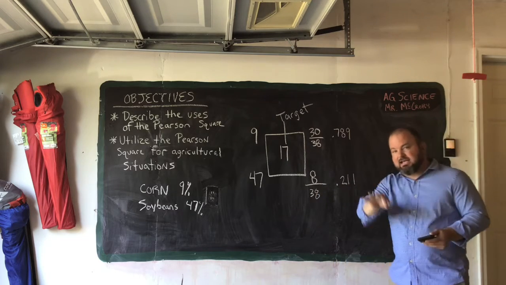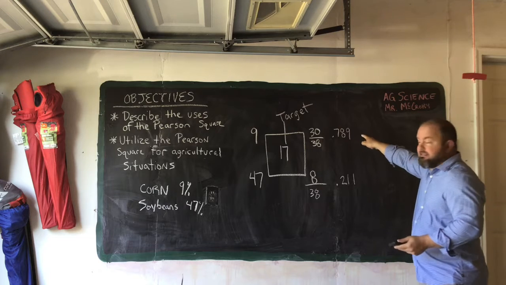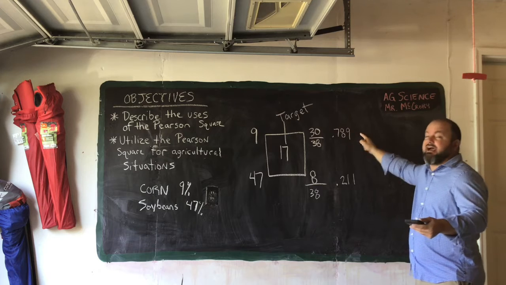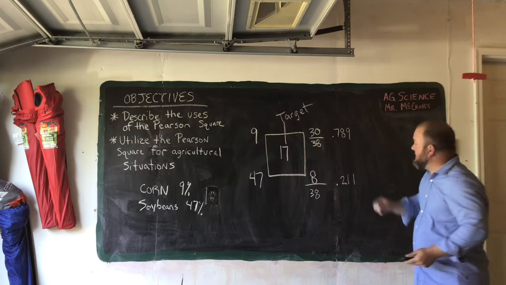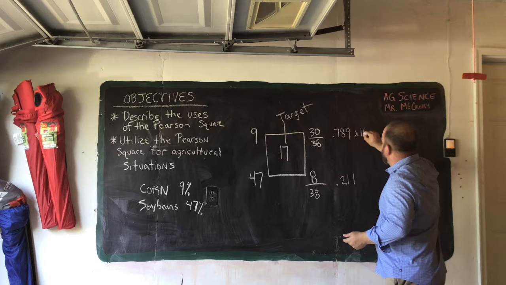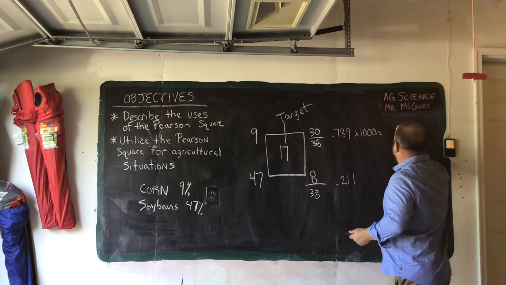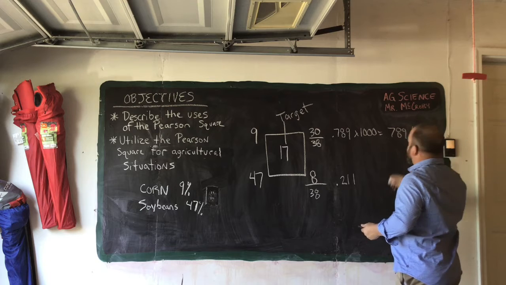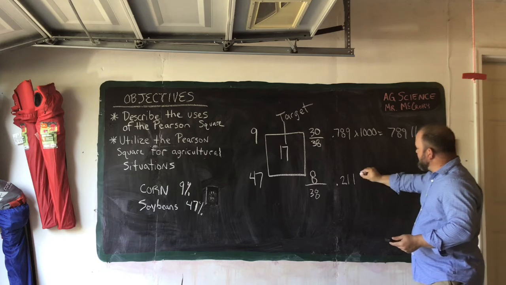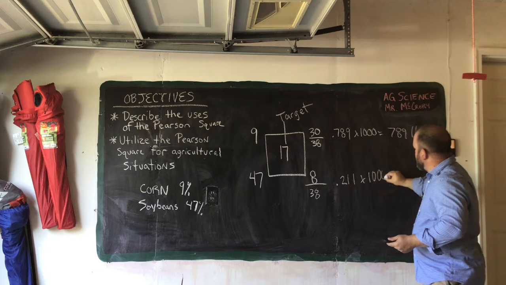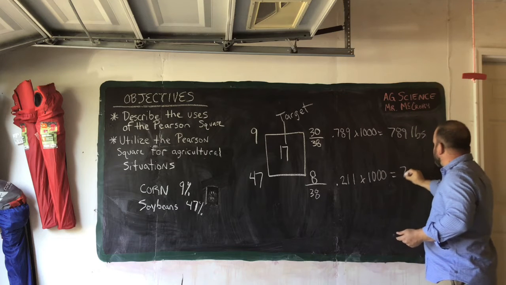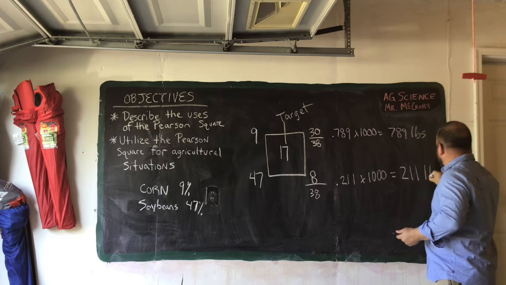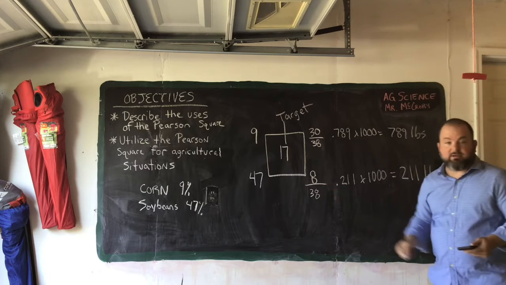Now, let's say this, okay? Let's say that we take this in here and we want to make a half of a ton of feed. A half of a ton of feed is 1,000 pounds. So you take that times 1,000 and you get 789 pounds of corn. Then you take this times 1,000 and you will get 211 pounds of soybeans.